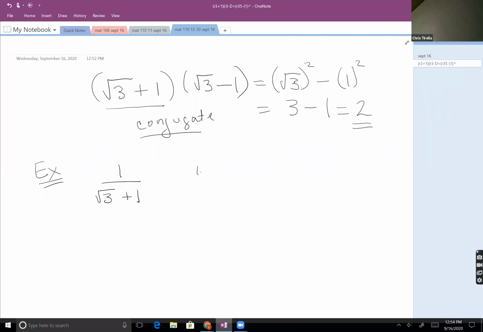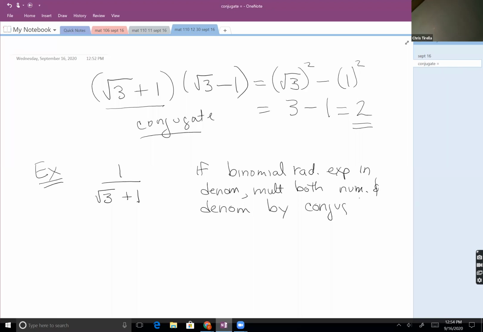If there's a binomial radical expression in the denominator, I'm going to multiply both the numerator and the denominator by the conjugate of the denominator.